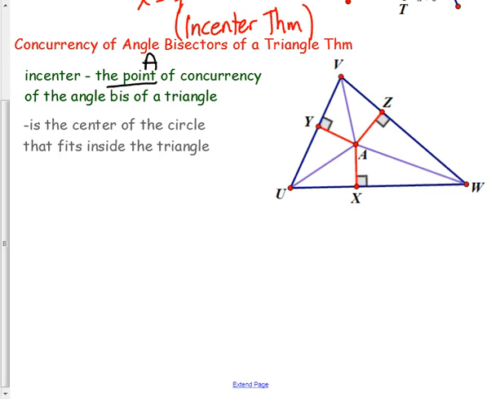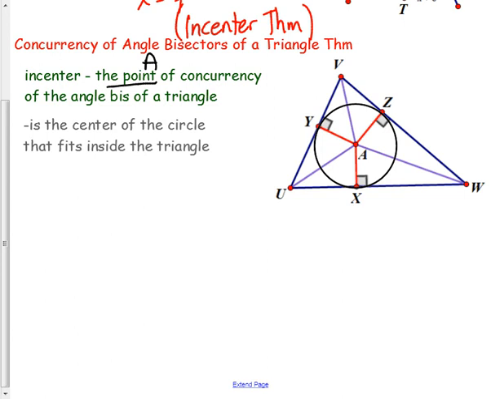The incenter is the center of the circle that fits inside the triangle. So this time we are drawing the circle centered at A, and we are going out to the point, and you can see that it goes through all 3 points, but the circle is inside the triangle.